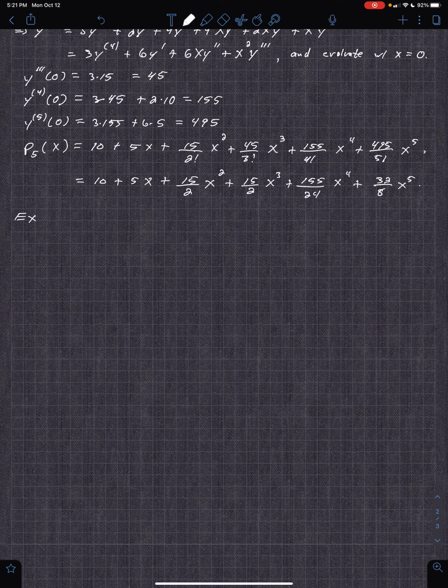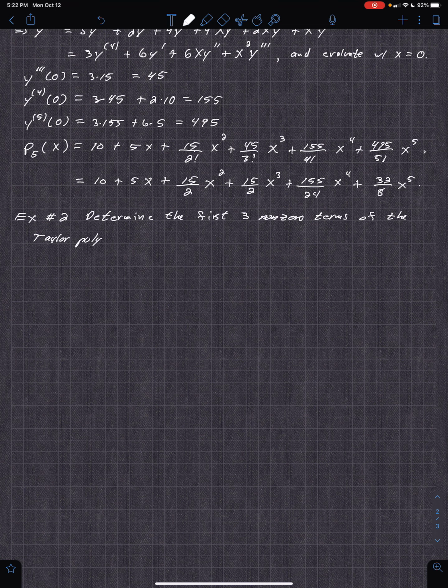So this is number 2 in the book, 8.1. This will be a little easier. So determine the first 3 non-zero terms of the Taylor polynomial.